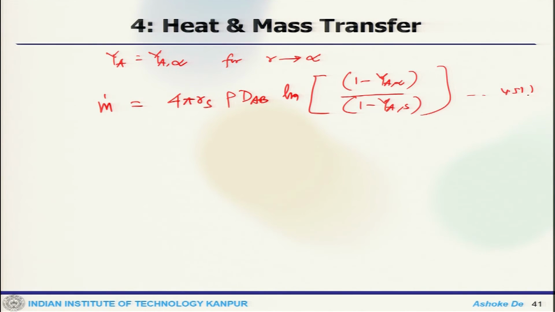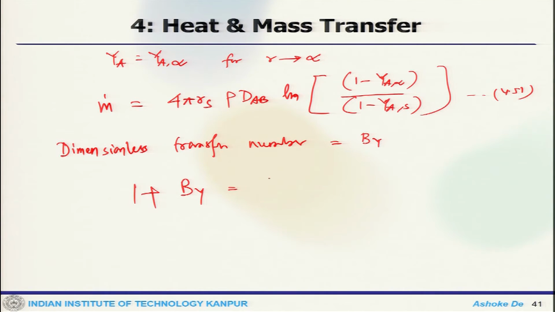So, this is equation 4.51. In this equation one can define the dimensionless transfer number, which is, let us say, B y, where 1 plus B y would be 1 minus y a infinity by 1 minus y a s.